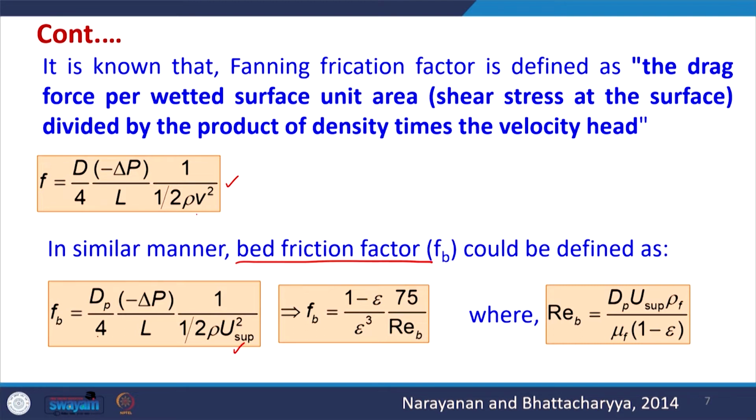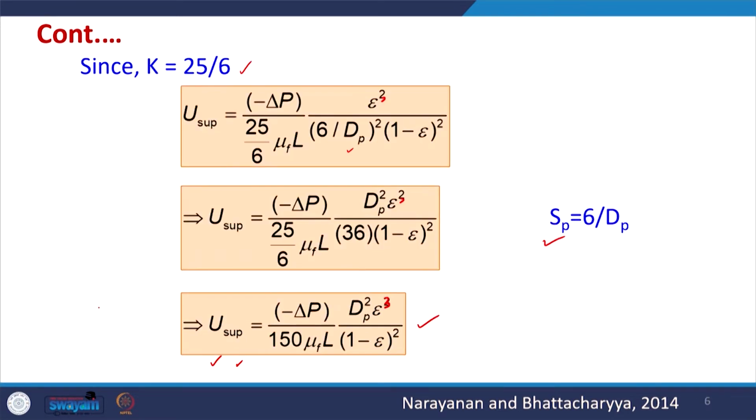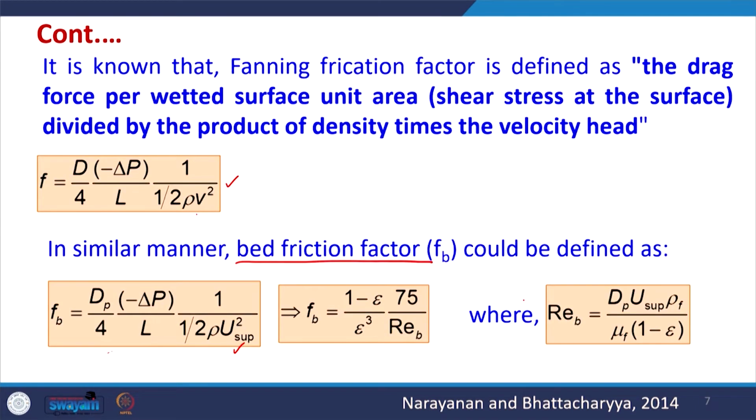Now, if we use this definition and this particular equation given here, if we call it A and call the other B, then combining A and B we can get this equation: the bed friction factor is equal to (1 minus epsilon) divided by epsilon cubed into 75 divided by Re_B. Re_B is further defined, which is called the bed Reynolds number.